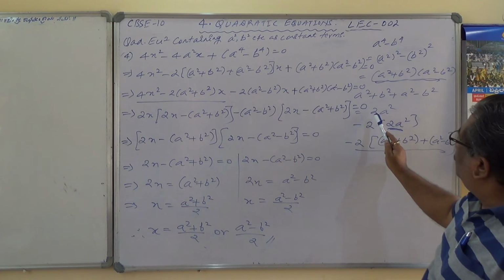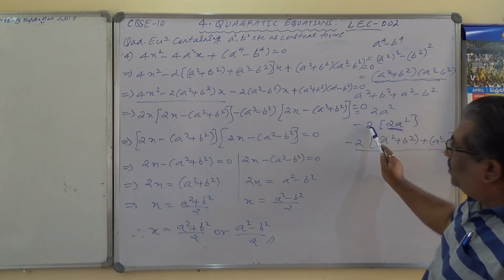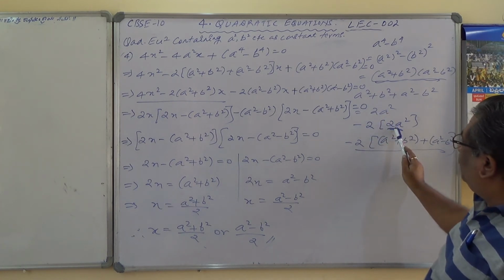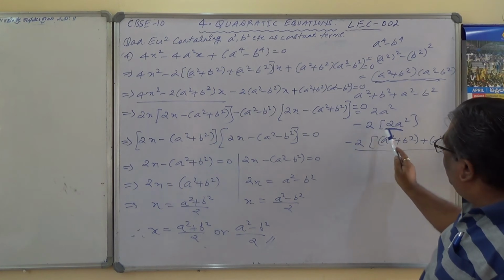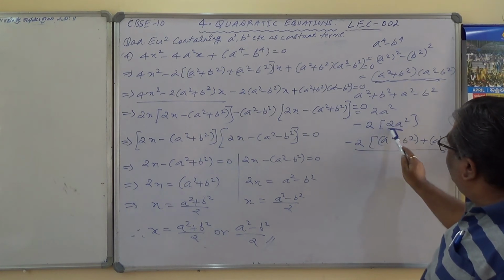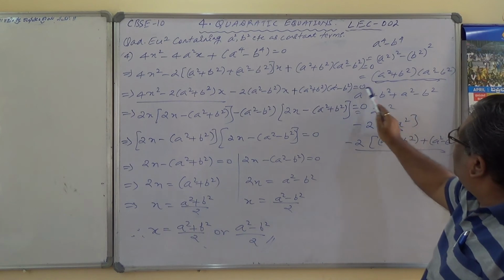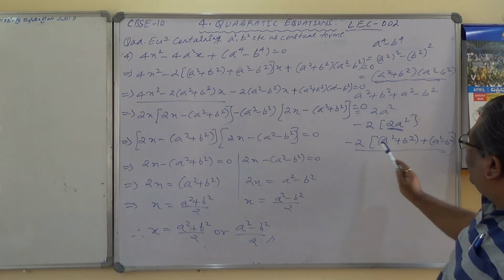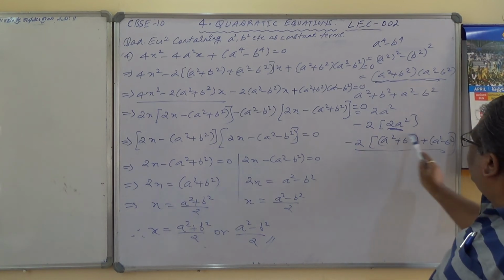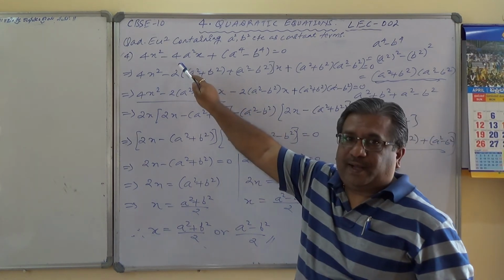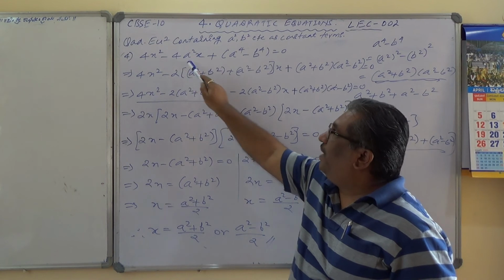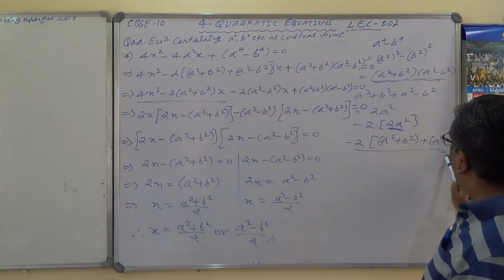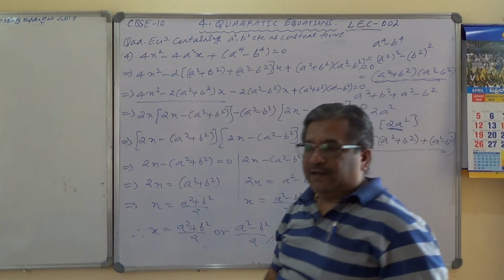So for minus 2a square, I multiplied by minus 2. So it is minus 4a square. When I multiply it by minus 2 into 2a square, what is this 2a square? Go back. This is which I have done, a square plus b square plus a square minus b square. So this term is nothing but minus 4a square. So I am replacing minus 4a square by this entire term. I hope it is very clear to you. Okay?